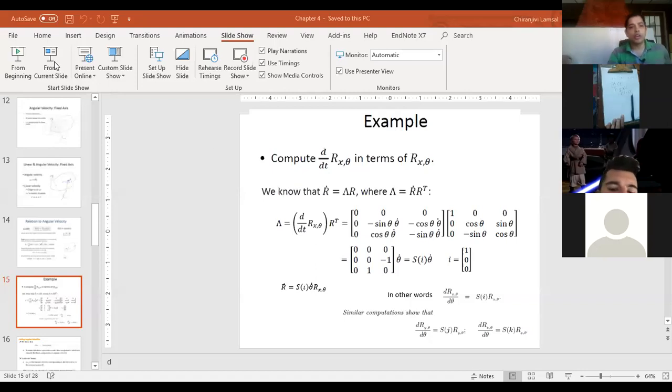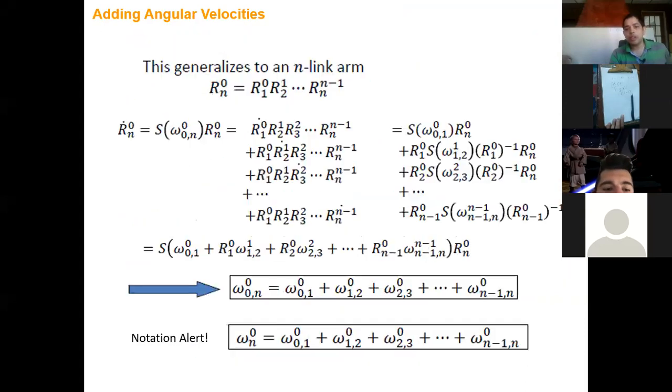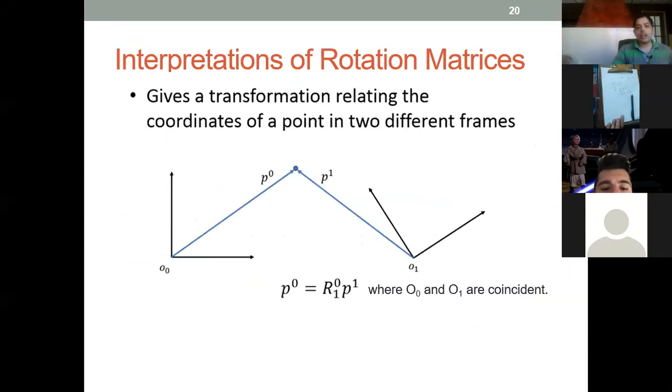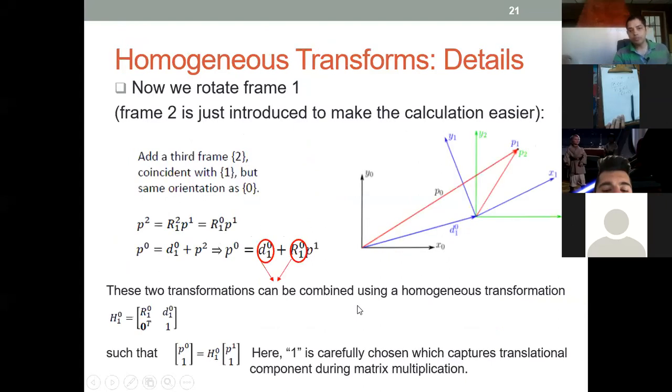Okay, very good. Now what I meant is this. Do you see that? I think that refreshes your memory now, right? This is what we did in chapter 2. I'm taking exactly the same equation here: P0 equals R10 P1.